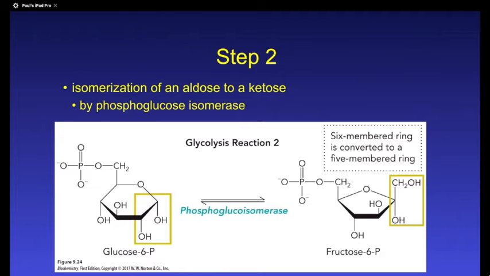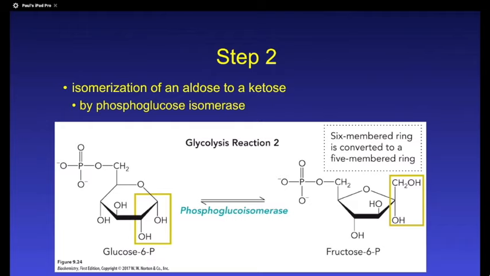Normally, the mechanism for these isomerases is a series of deprotonate, reprotonate, deprotonate, reprotonate, until you get even, and you can convert one structure to the next.